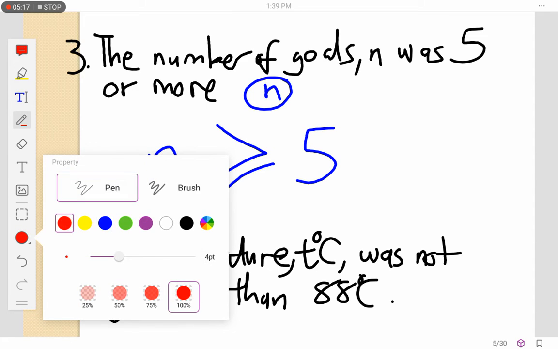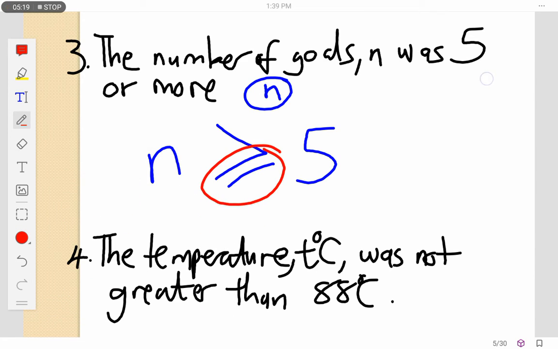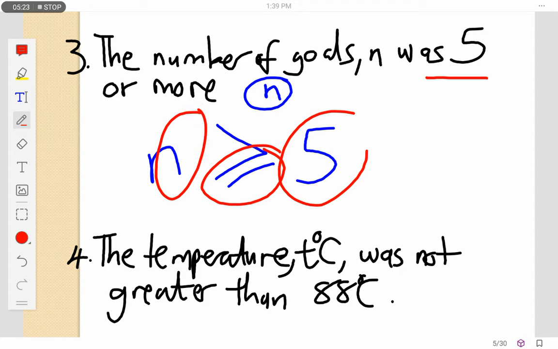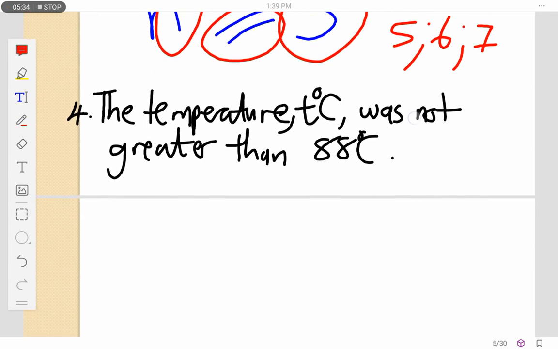The equal sign is including the number 5 there. The more is the greater sign that we have, where our sign is greater on the n side. Okay, so the numbers that n will take are 5, 6, 7, and so on. Okay, let's go to number 4.